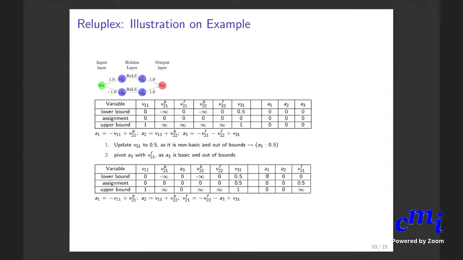But A3 becomes 0.5, and therefore you pivot A3 with V21F, as A3 is basic and V21F is non-basic. You pivot that, making V21F to be 0.5, and then you get this assignment after I pivot A3 with V21F.